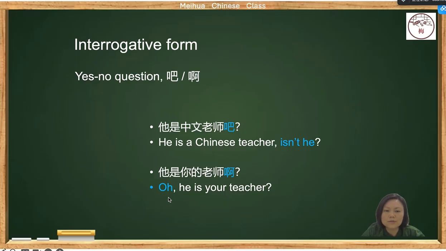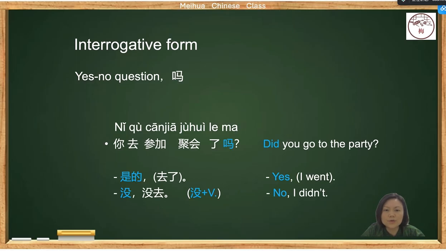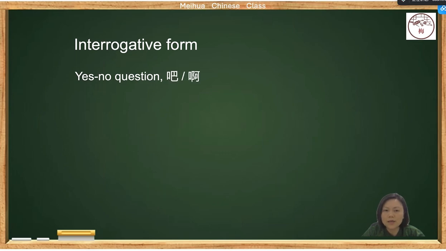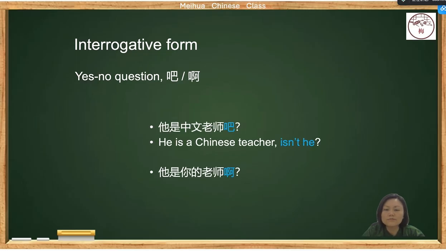So accordingly in English, we should say, oh, really? He's your teacher. Still, we're asking for confirmation, right? So just remember, when do we use 嘛? In most cases that we know nothing about the answer, we use 嘛. If we know something about the answer but we're not sure, we use 吧. And if we are very surprised or shocked, we can use 啊 to get a confirmation.